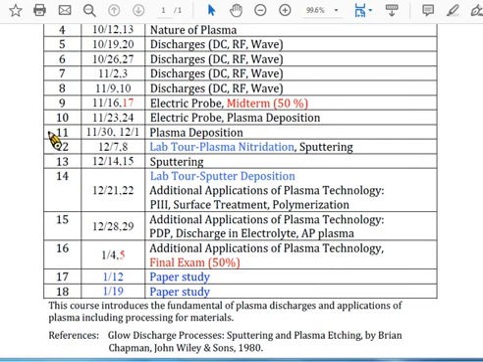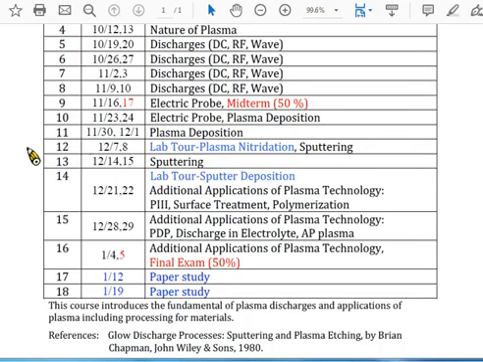In the 11th and 12th weeks, the class focuses on the plasma deposition process by plasma enhanced CVD. The other type of plasma deposition process is named sputter deposition.